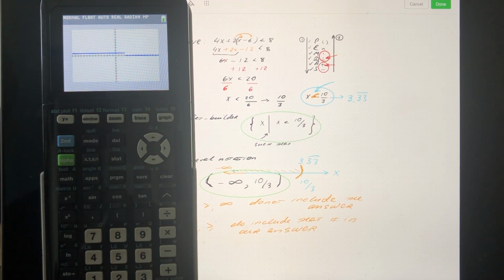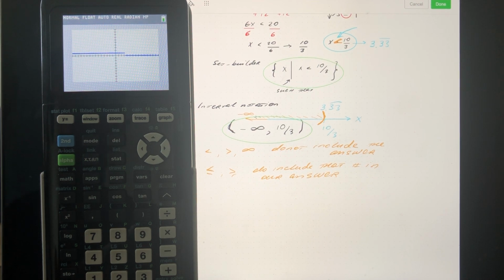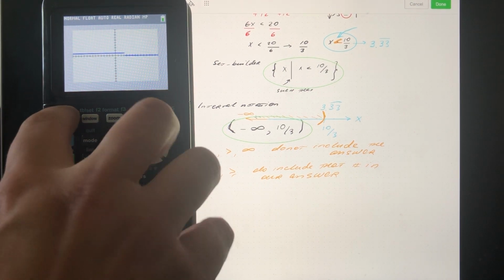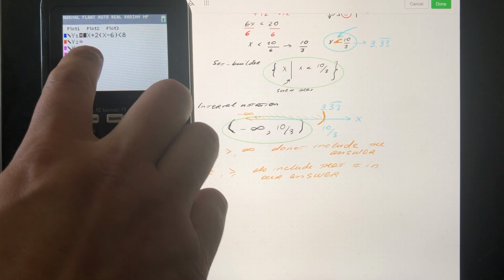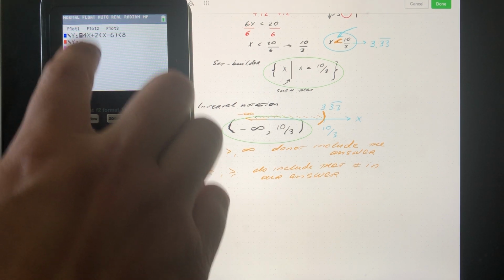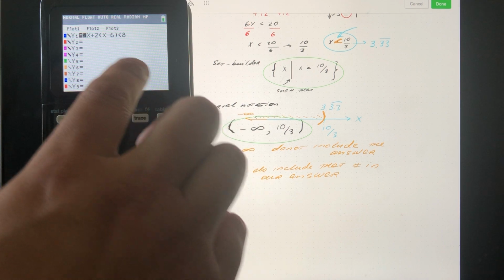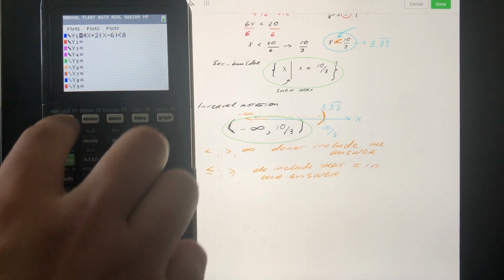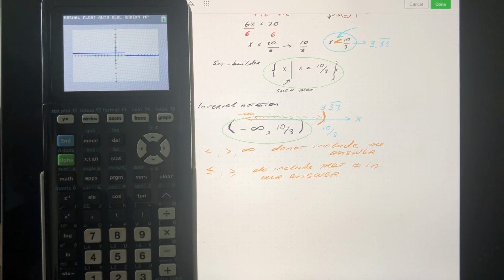The reason it's doing it this way is that when we type in this condition, the calculator checks all the points where it's true. If it's true, it says 1. 1 is yes for the calculator, and 0 is no. So if the answer is yes, it makes 1s. If the answer is no, it makes 0s. On the sketch, we have many yeses.